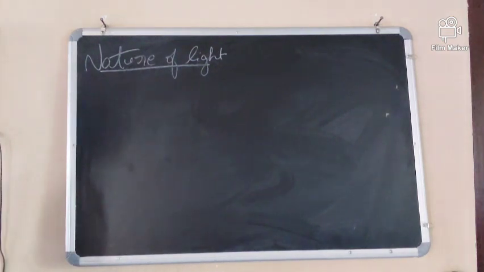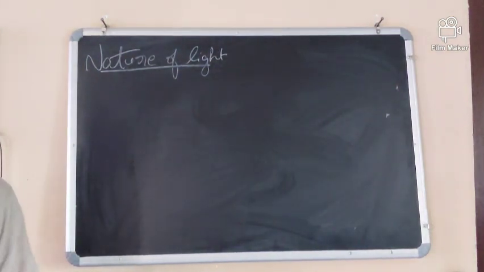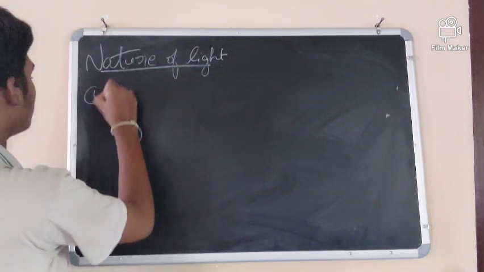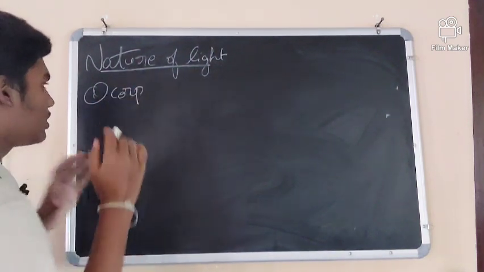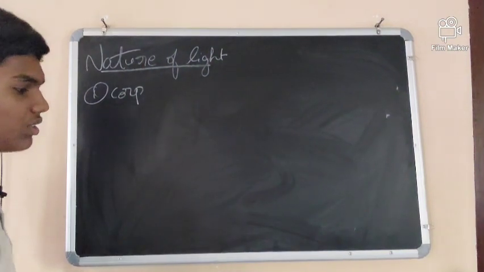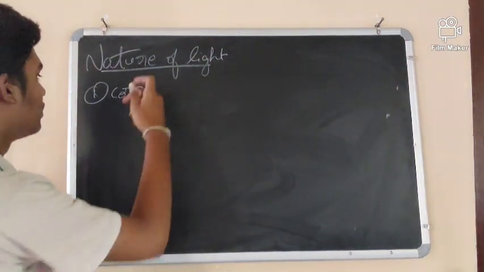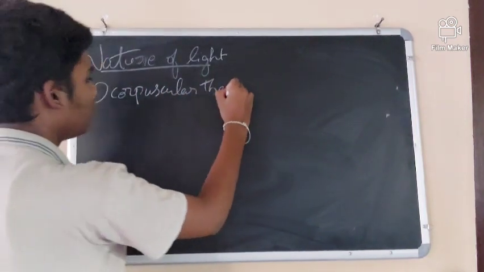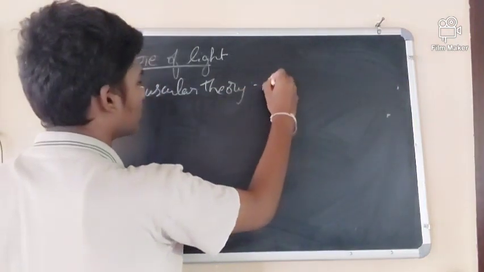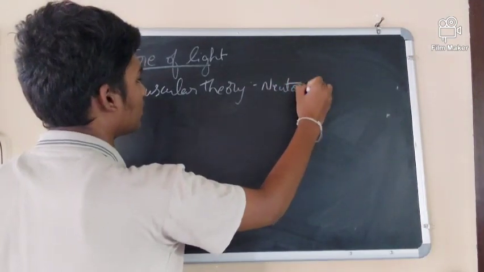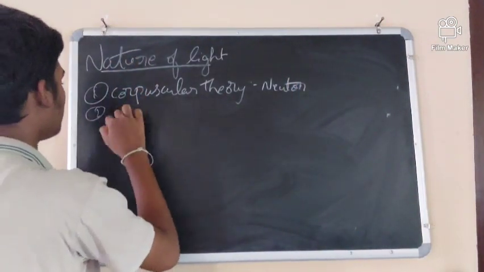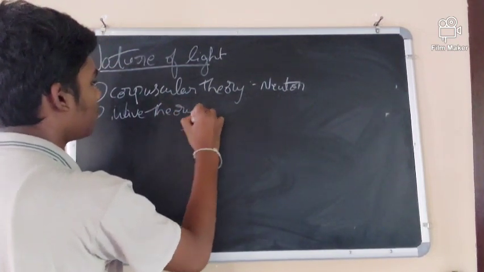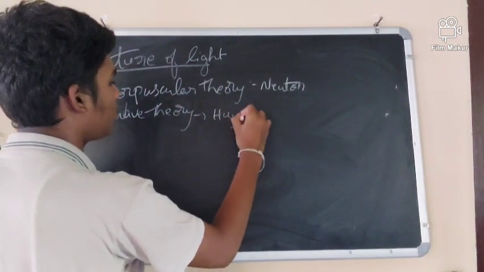Nature of light. Now, there are two theories that are saying about the nature of light. Actually, three theories. The third theory we will discuss in a later video. In this video we will discuss the corpuscular theory, which was given by Newton, and the wave theory, which was explained by Huygens.